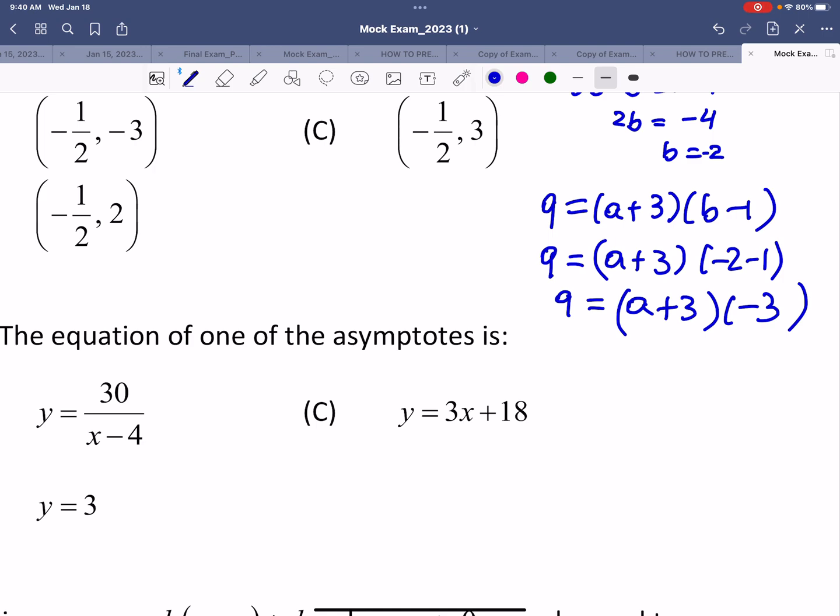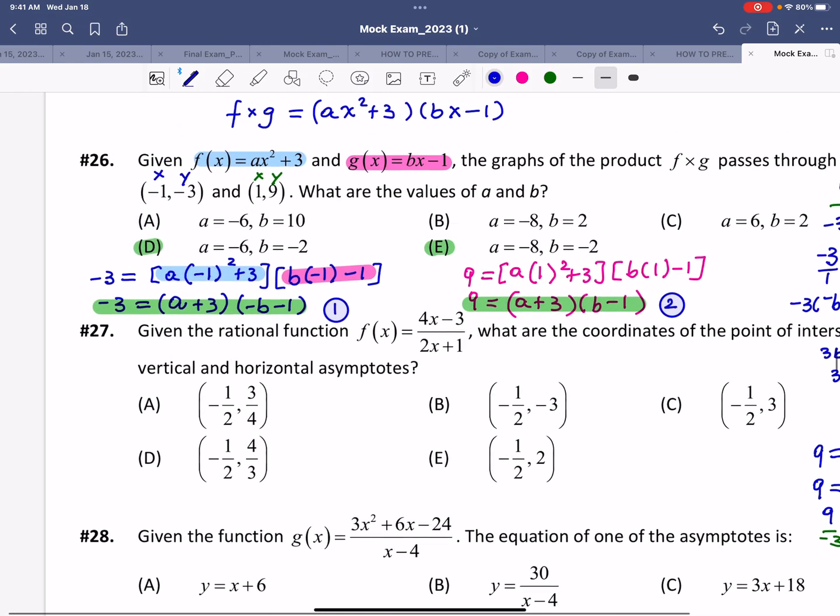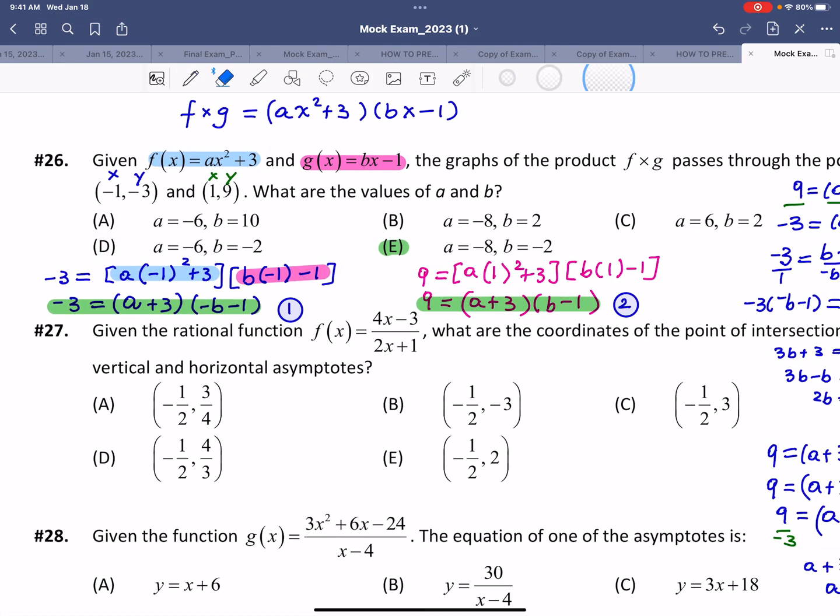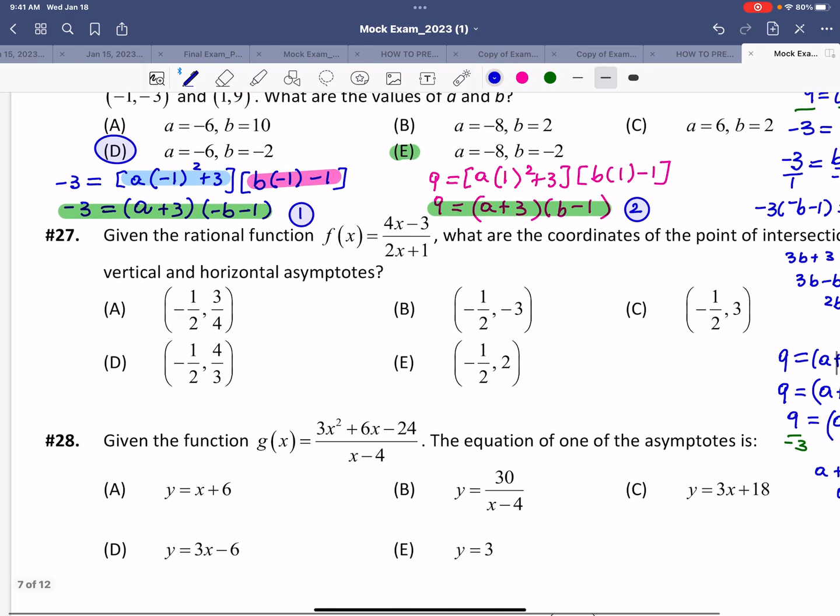Obviously, this is a very simple linear equation to solve. Divide both sides by negative 3, and that will give us a plus 3 on one side equals negative 3, so a would equal negative 6. So the a value should be negative 6, which means that the best option to choose in this case would be option D. So D is the answer.